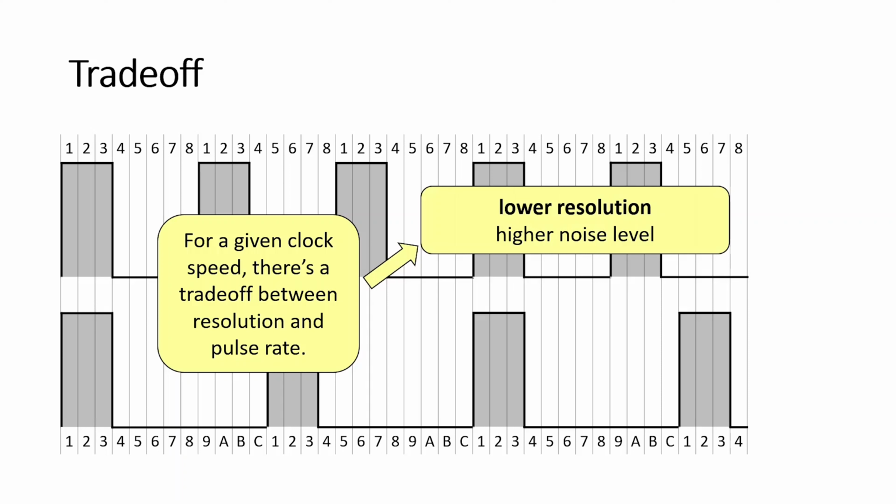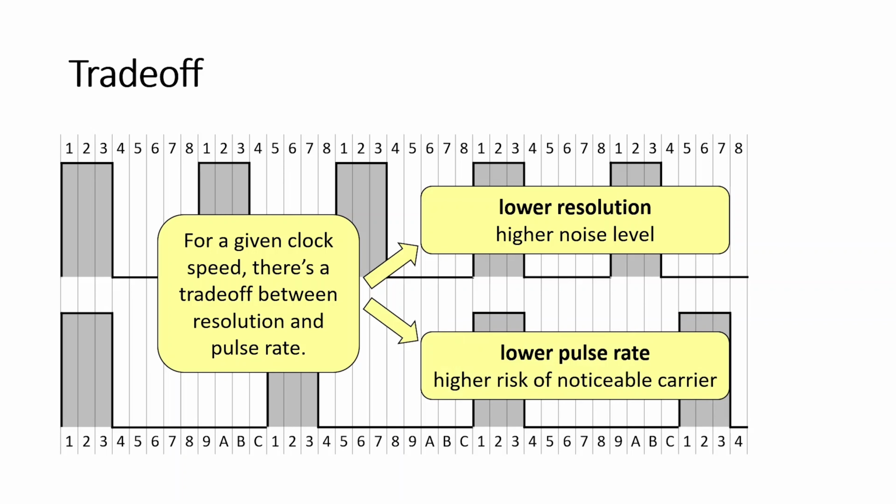In the upper row, you have a lower resolution, which means a higher noise level. And in the lower row, you have a lower pulse rate, which means you have a higher risk of noticeable carrier frequency artifacts, like when you have a lamp, that would mean you see it flicker.